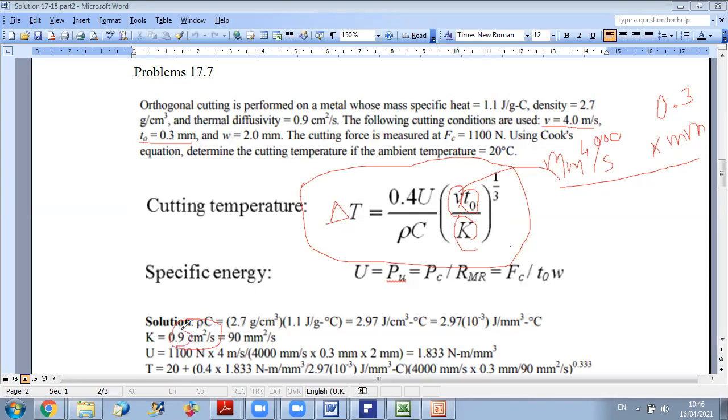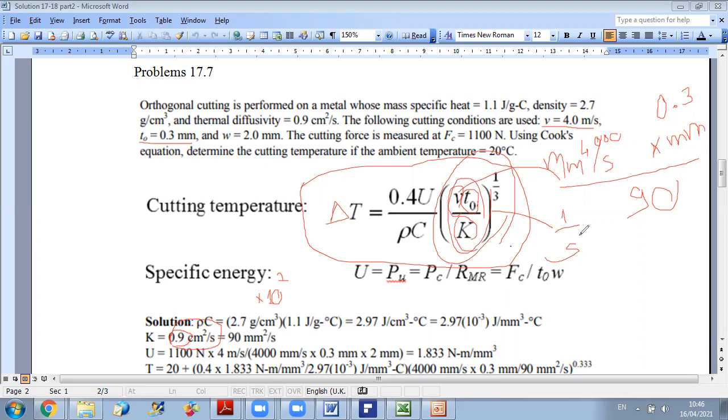Since it's 0.9, to go from centimeter square to millimeter square you multiply by 10 to the power 2, so by 100. So 0.9 will give you 90 millimeters square per second. So you divide here by 90. In this way, the unit of the ratio V t0 over K will be 1 over second.